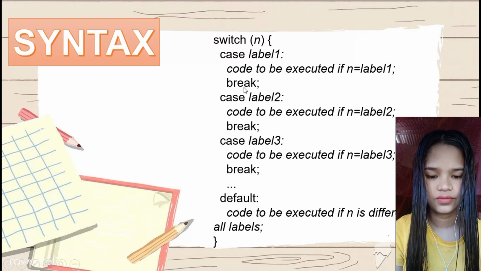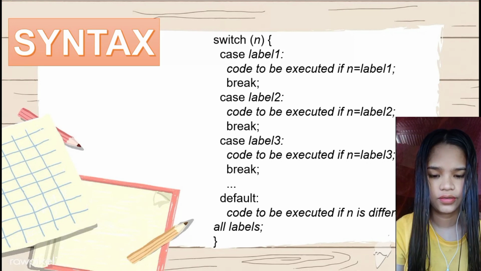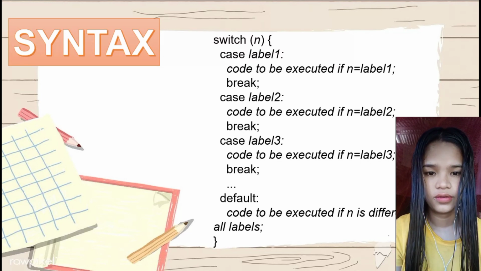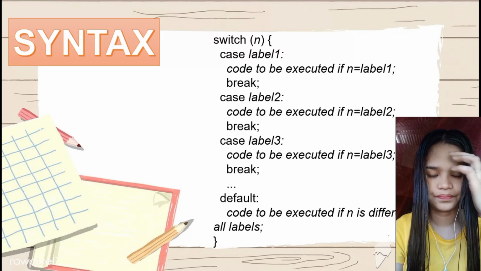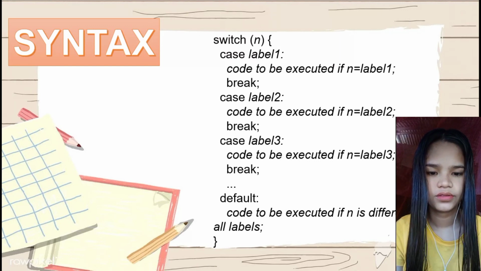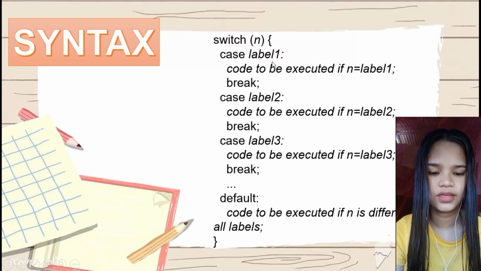Next is break. So, if there is a match, the block of code is executed properly. So, kini siya balik-balik rin siya case level 1, case level 2, and case level 3. So, code to be executed.